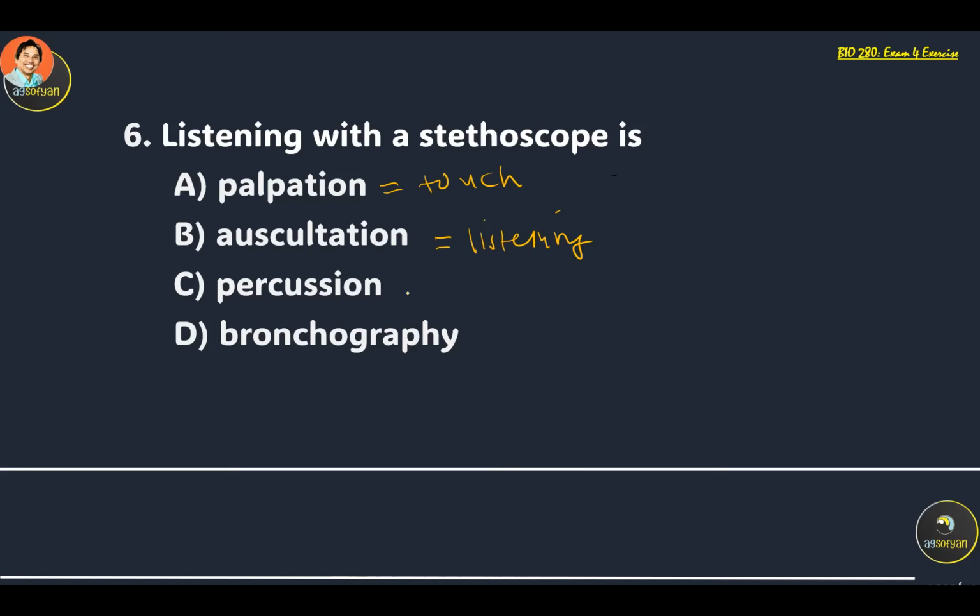And then the third one is percussion, which is tapping part of the body, and then listening to the sound coming from that tapping. So this is just listening using the stethoscope. Then it's going to be auscultation.